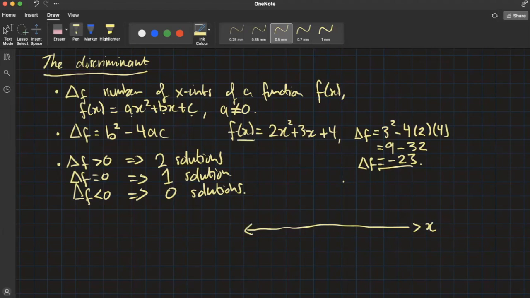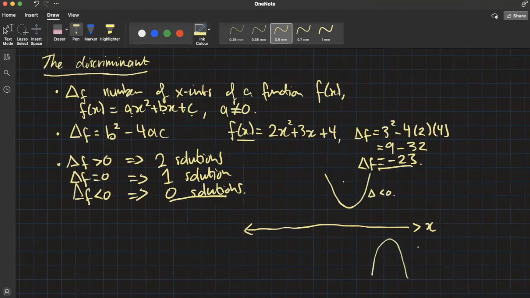I don't really know much about it other than it's an upright parabola and its discriminant value is negative 23, which is less than 0. So that tells us there'll be 0 solutions. In other words, it will hit the x-axis 0 times. And since it's upright, it has to be above the x-axis. So we know here that the discriminant of this quadratic is less than 0.